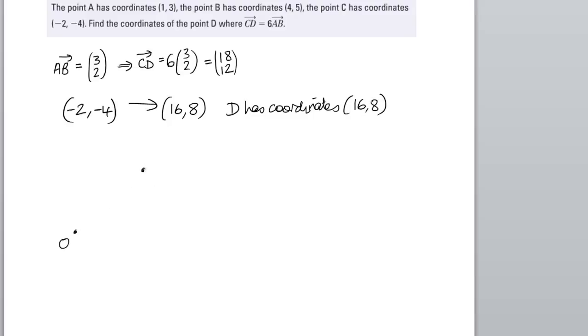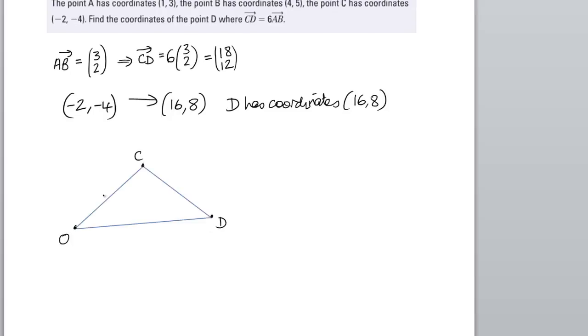Here's O, here is C, here is D. So the vector OC we know is -2, -4, because its coordinates are -2, -4, so its position vector is -2, -4. What we're asking for is its coordinates, so we could look for this position vector. We know the vector CD is 18, 12.